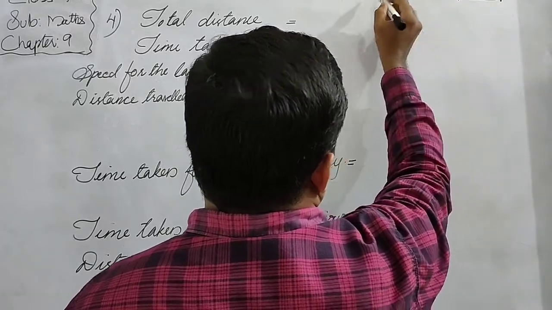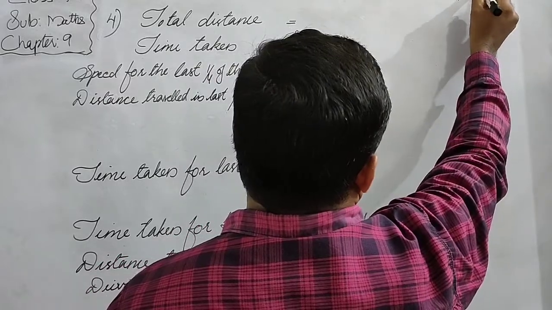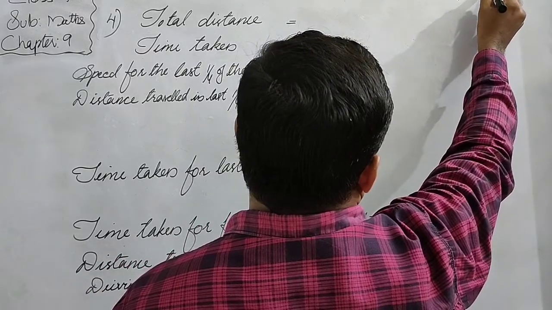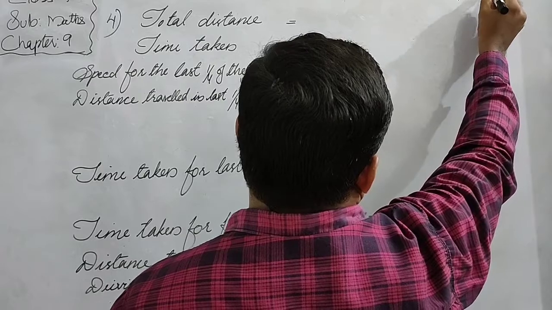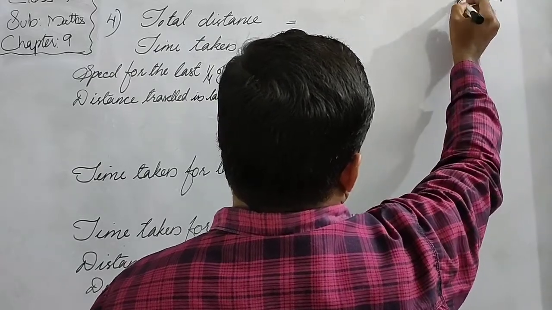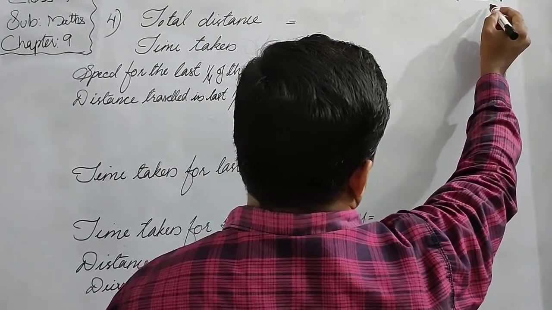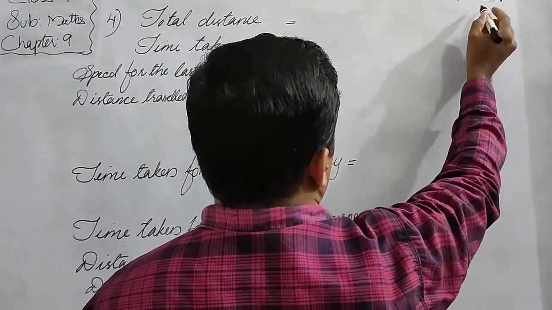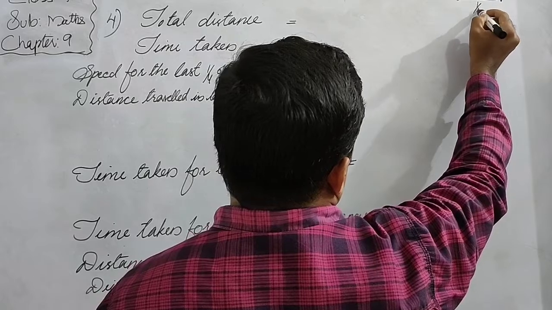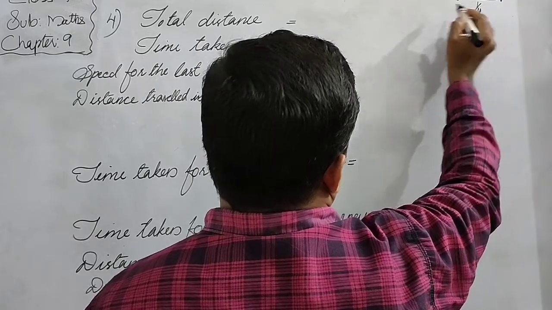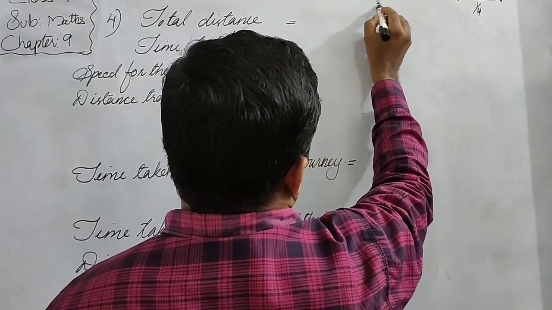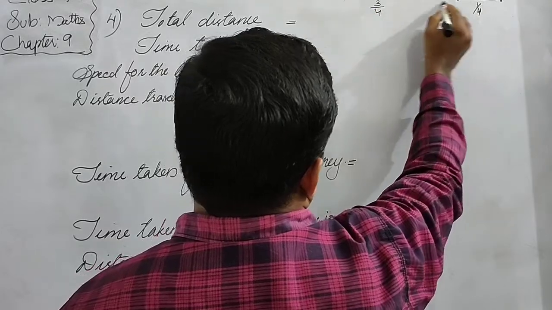In this 1/4 of the journey his speed was 60 km per hour. That means from here to here his driving speed was 60 km per hour. So this is 1/4 of the journey, and remaining 3/4. This is the 3/4 journey, means this part.